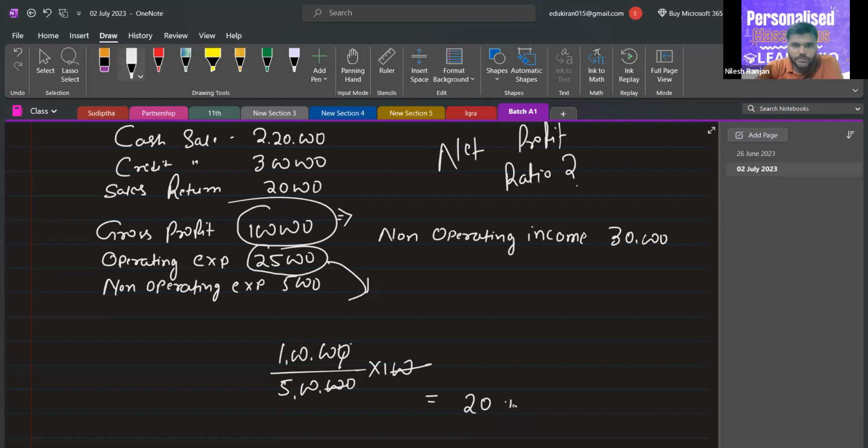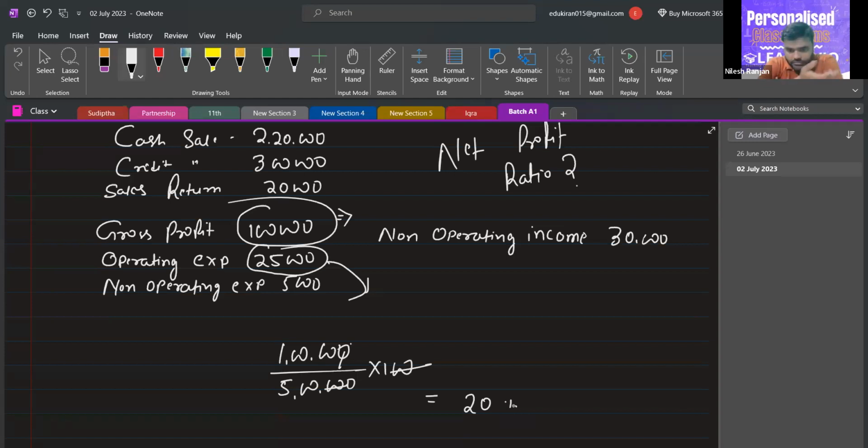Yes, sir. So carriage inward is a direct expense. Carriage outward is an indirect expense.